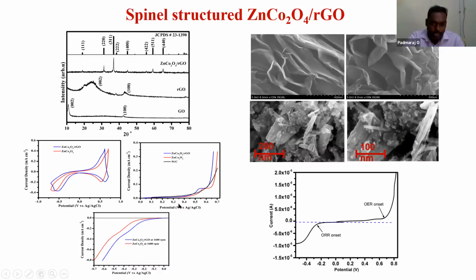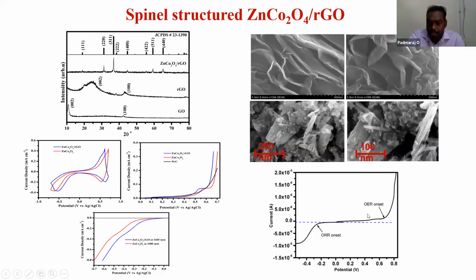Then ORR and OER I also did. Regarding the onset potential, we want to develop lower onset potentials. Our aim is for the bifunctional catalyst to have a lower onset potential, so for that we have to do the modification. Okay, clear. With the different modifications, I want to achieve lower onset potentials compared to the bare zinc copper oxide. The RGO decorated zinc copper oxide has a lower onset potential and high current density. Okay, see here.